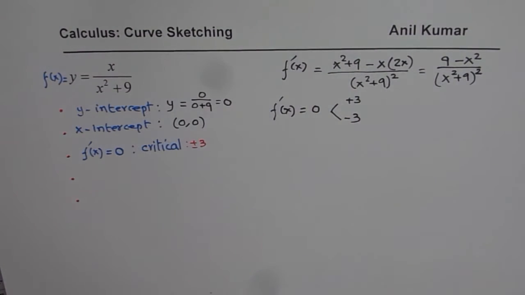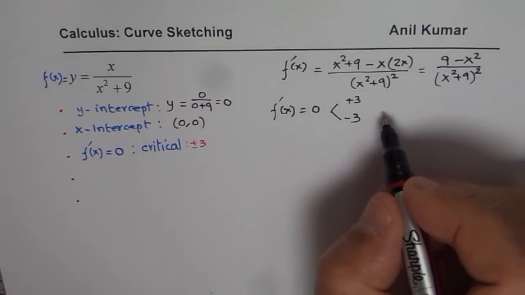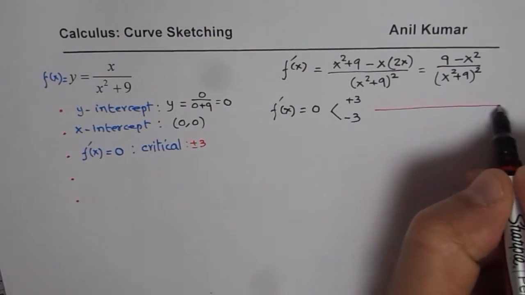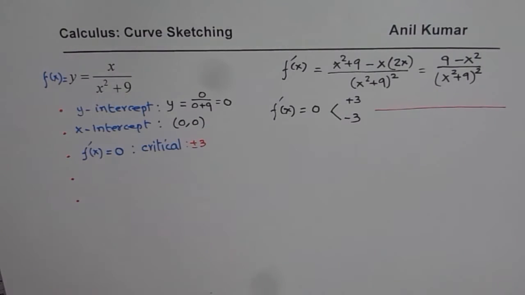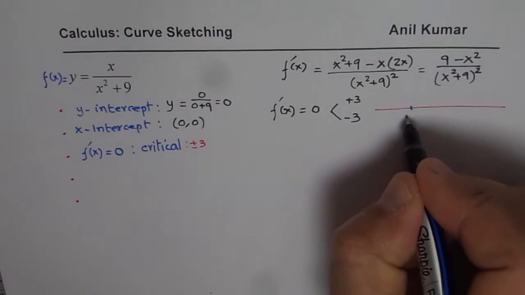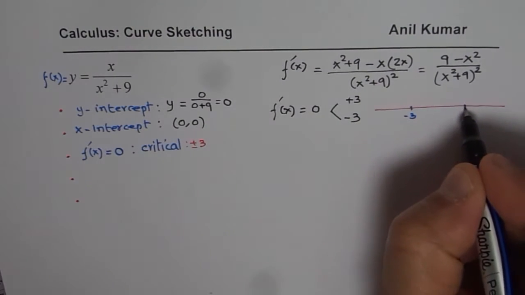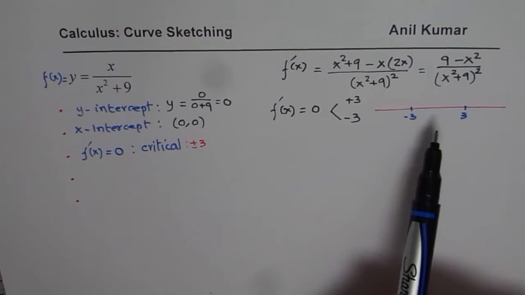Let us analyze these two critical numbers and we can find whether we have a local maximum or local minimum at these points or not, right? So the two critical numbers for us are at minus 3 and plus 3.